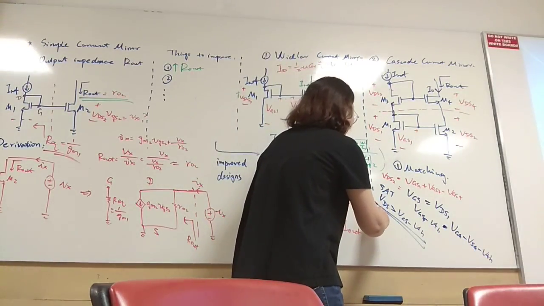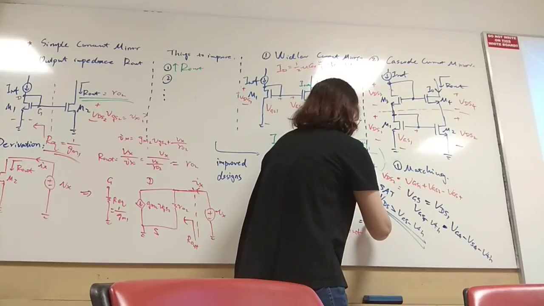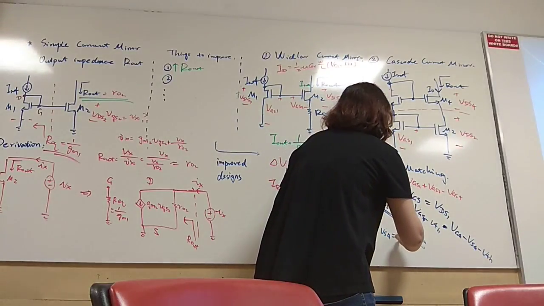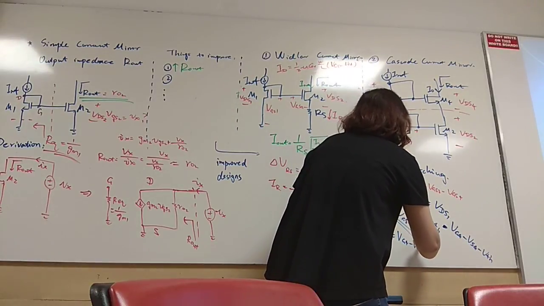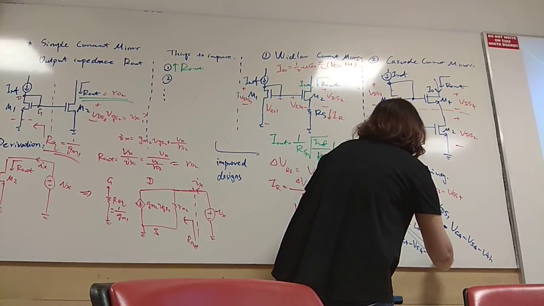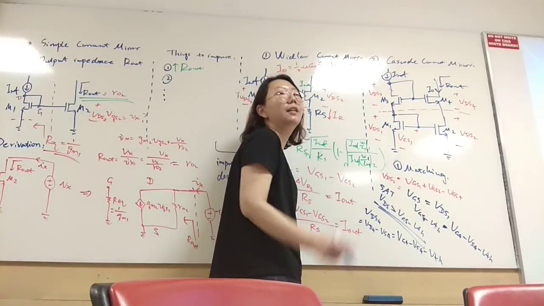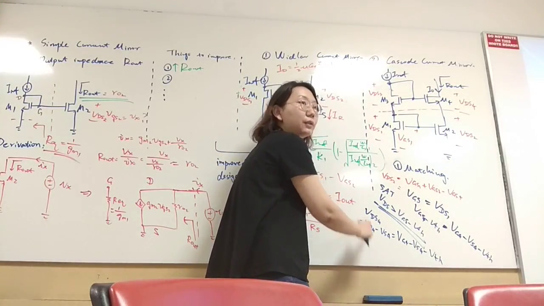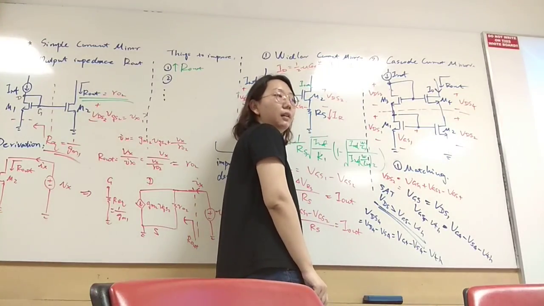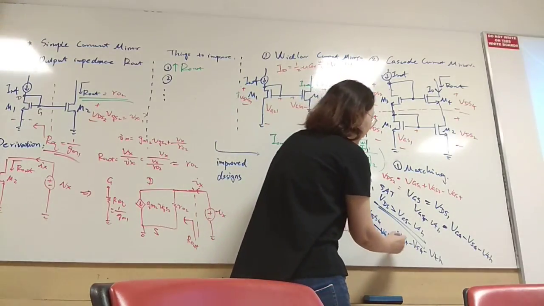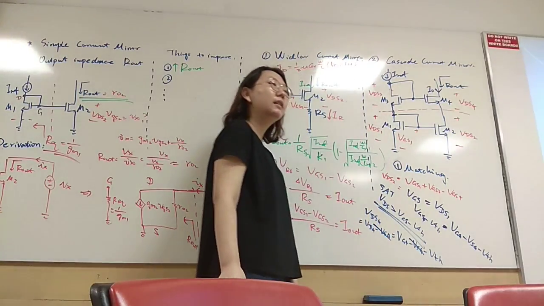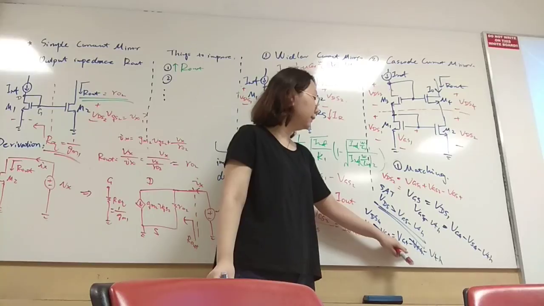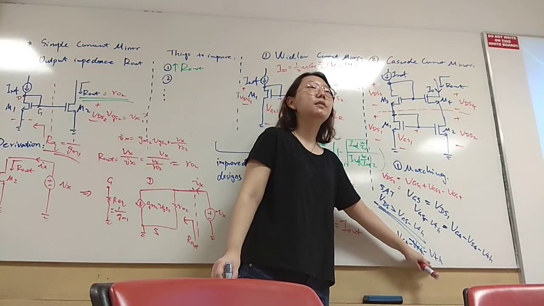And VDS4 equals VD4 minus VS4, which equals VG4 minus VS4 minus VTH, because that's the minimum VDS4. I can cancel this S term. So what I'm left with is VD4 equals VG4 minus VTH.